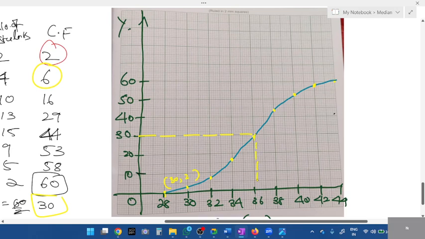Is it more than 36? Respond. Is it the 36 line? Okay, then that is the median. What's the median answer?